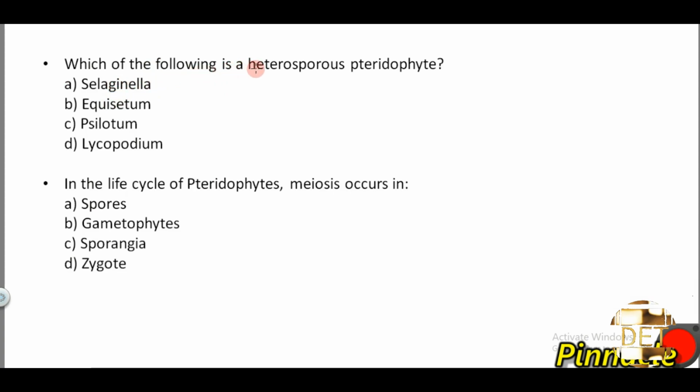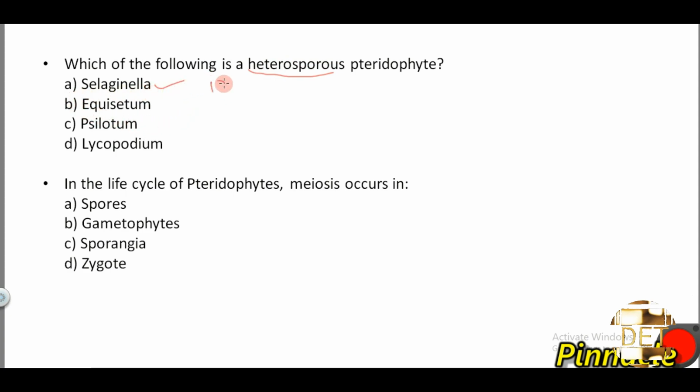Which of the following is a heterosporous pteridophyte? We have looked at heterosporous pteridophytes under the division Lycophyta. So Selaginella is the right answer.